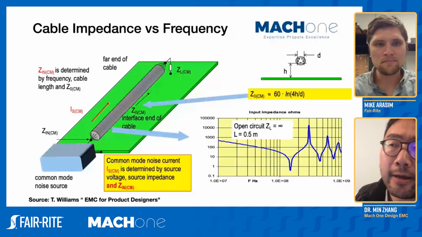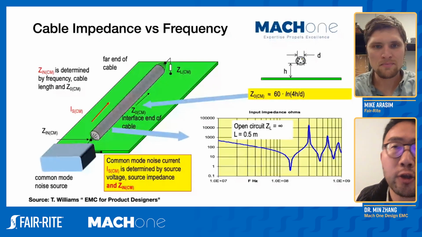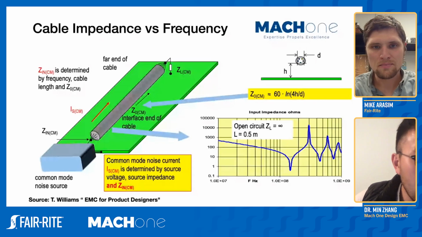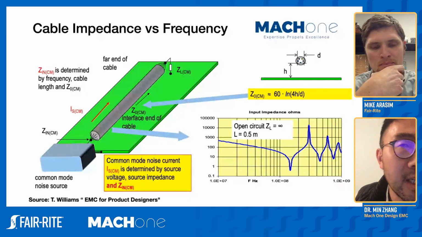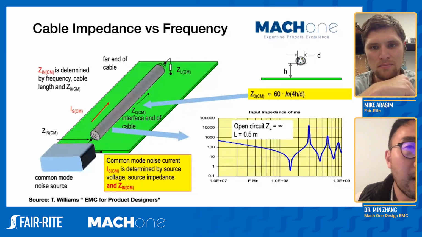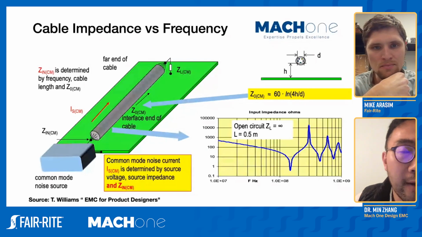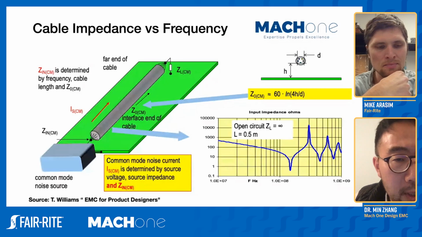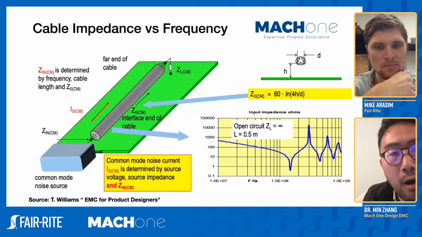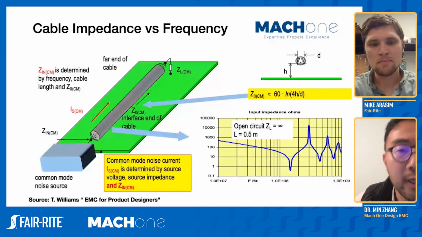Let's take a shielded cable, for instance. USB cables are often shielded, so are HDMI cables. But often what we found is even when these cables are shielded, it depends on how they terminate the shields. You could have pigtail termination, and as a result, you can see high levels of RF common mode currents on these cables.